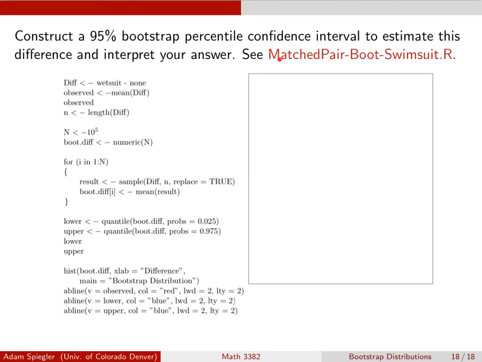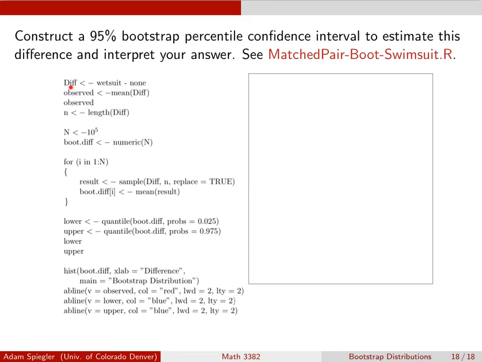And again, if you're curious, the full code is in this R file, matched pair boot swimsuit. Observed is going to be the mean difference that we get from our original samples. In other words, we take all of the differences and then calculate the mean of those differences. N is going to denote the length of this vector difference.